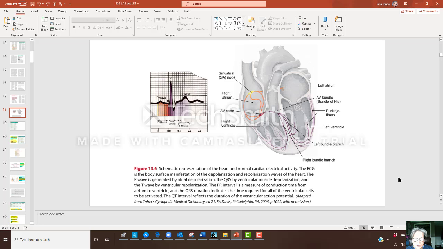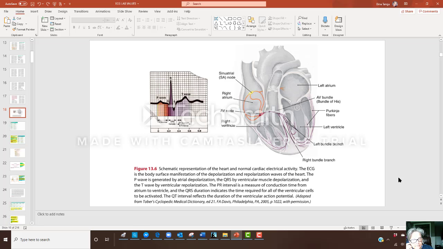P wave is generated by atrial depolarization, the QRS by ventricular muscle depolarization, and the T wave by ventricular repolarization.